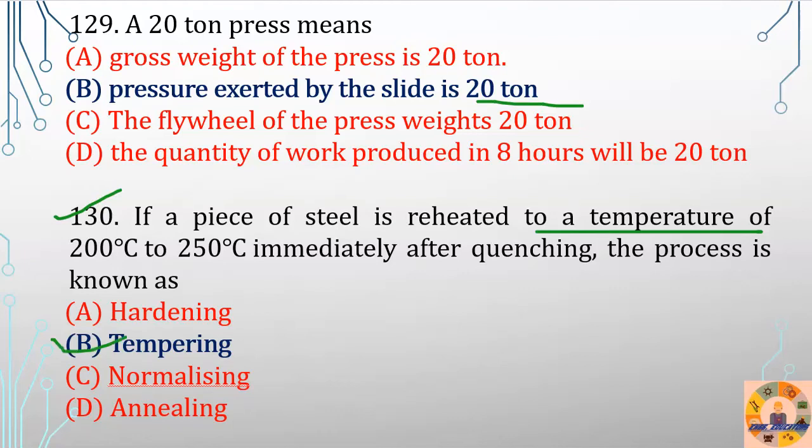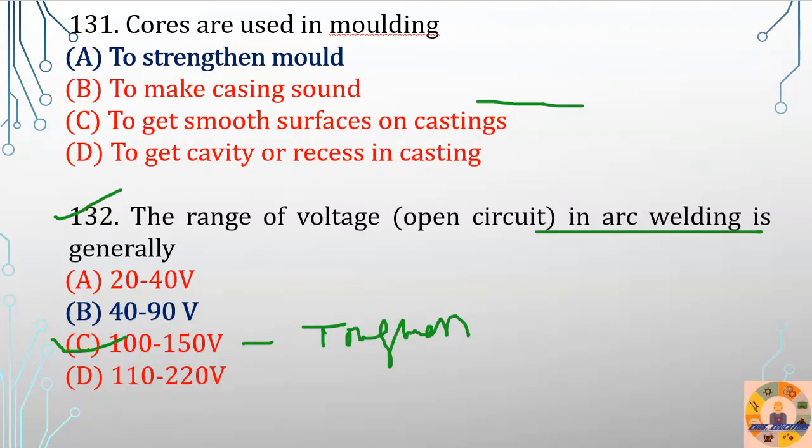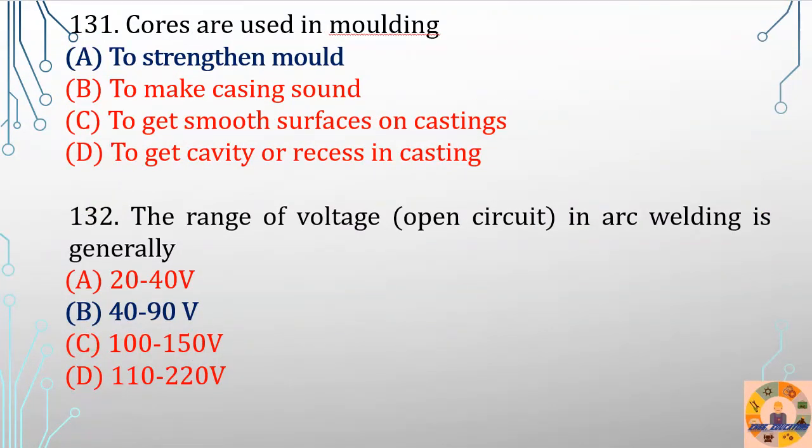So tempering is used for increasing the toughness. Going to next question, a core used in molding is. So core is used to strengthen the mold. Sometimes it is used to get cavity. So in my opinion, option A will be the right answer.